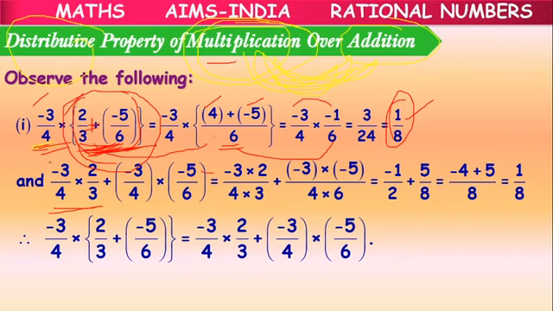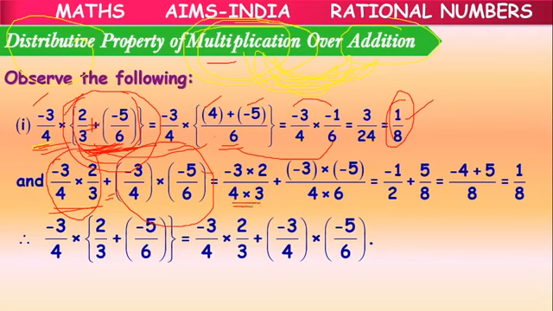Minus 3 by 4 multiplies first rational number. After that we have to take addition symbol. Minus 3 by 4 multiplies second rational number. When we expand the given expression, the first rational number multiplies second rational number plus it multiplies third rational number.